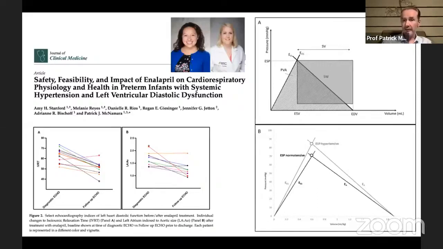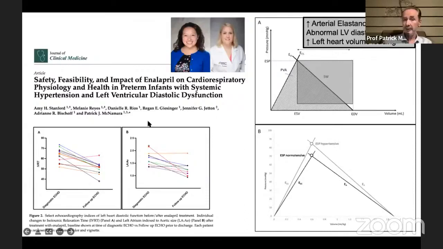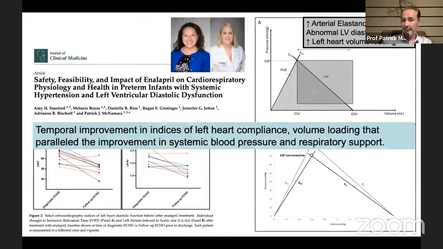And what they demonstrated was that the hypertensive babies were more likely, as you can see on the graph here, to have higher arterial elastance, abnormal indices of left heart diastolic function, and increase in volume loading to the left heart. In a subsequent study, we looked at the impact of enalapril in a small cohort of infants and demonstrated a temporal improvement in left heart compliance, diastolic function, and volume loading that parallels the improvement in systemic blood pressure and respiratory support.